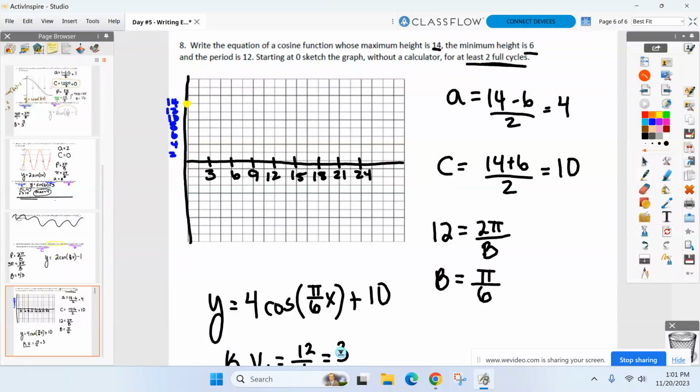So at 3, I should graph 10. Then to the min, which is 6. Back to the midline. And then back to the max. There you go. So there's one cycle. And now we're all going to do it again for the second one.